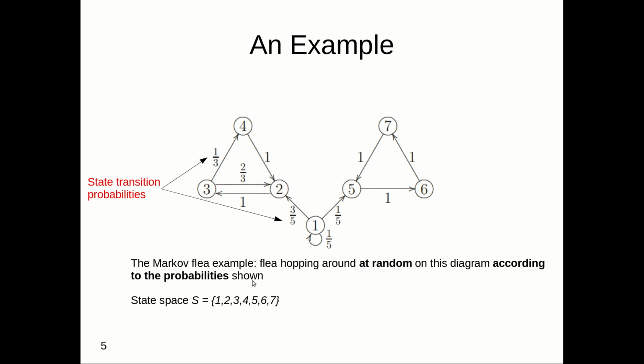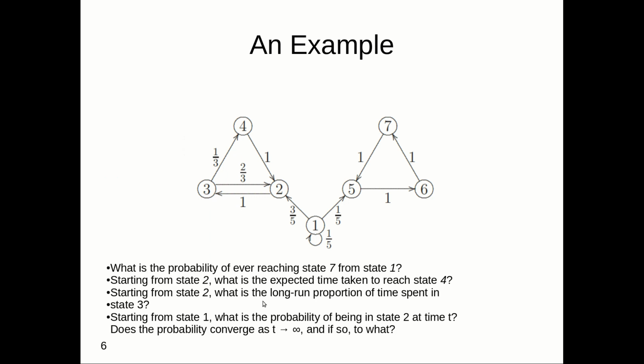The state space of this Markov model is just the list of labels here, so it's 1, 2, 3, 4, 5, 6, 7. Here are examples of questions we can ask about this Markov diagram. For instance, what is the probability of ever reaching state 7 from state 1? Or, starting from state 2, what is the expected number of time steps I need to reach state 4?